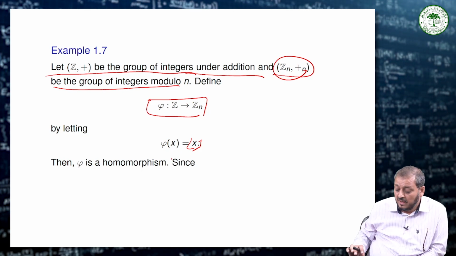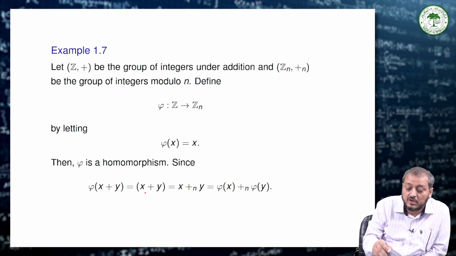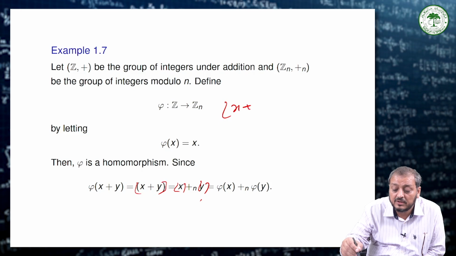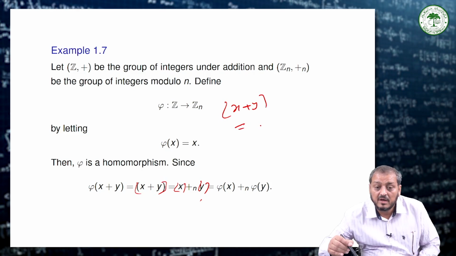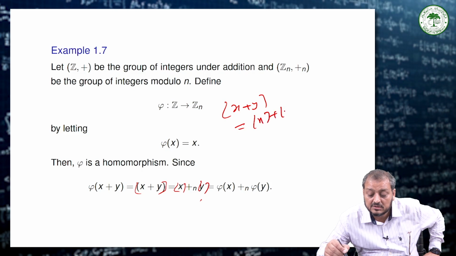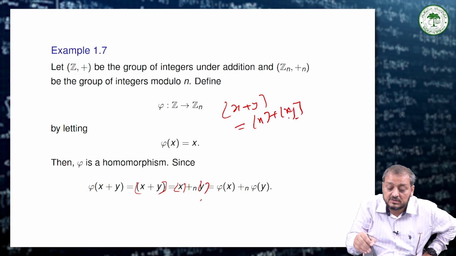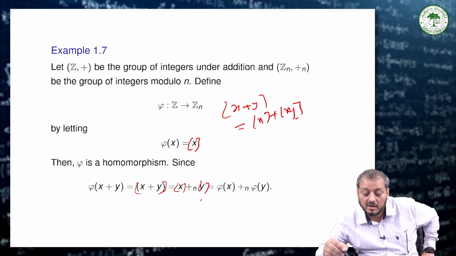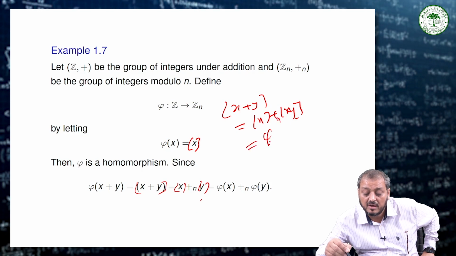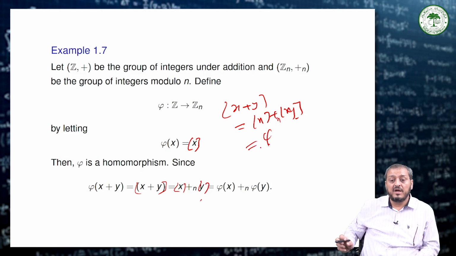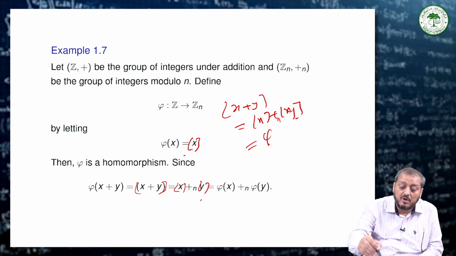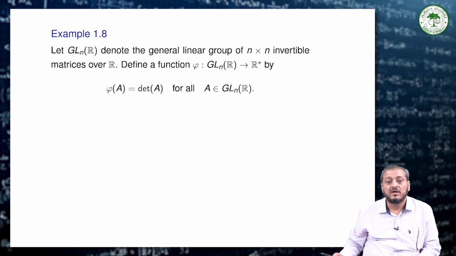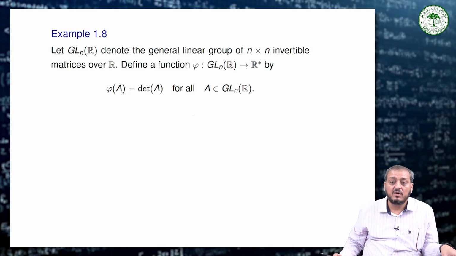Because phi of x plus y is equal to the equivalence class of x plus y, and we know that the equivalence class of x plus y is the same as the equivalence class of x plus the equivalence class of y. By using addition modulo n, we can say that this is the same as phi of x plus phi of y. So this is again a homomorphism.